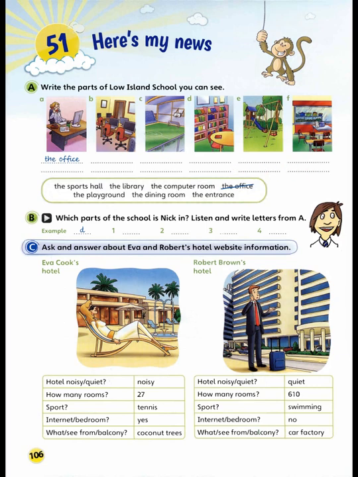Look at them. Letter B says, which parts of the school is Nick in? Listen and write letters from A. Okay, so first let's do this one. This is the office. And I'm going to use colors so it's easier. The computer room is this one.